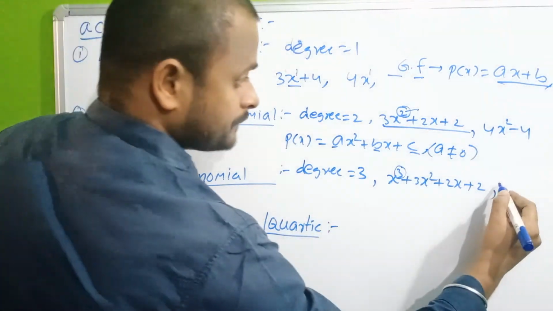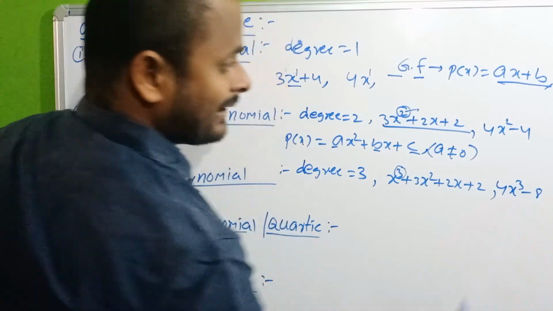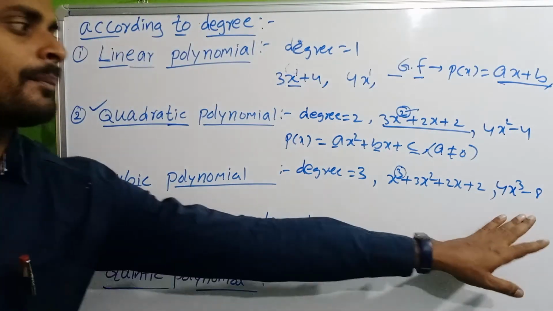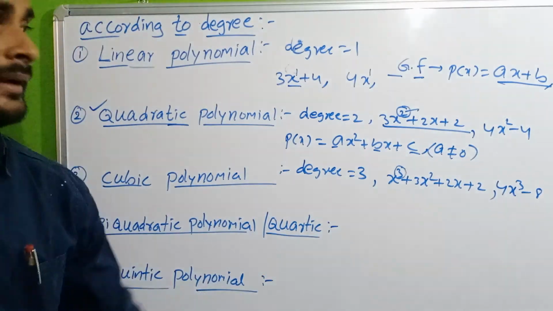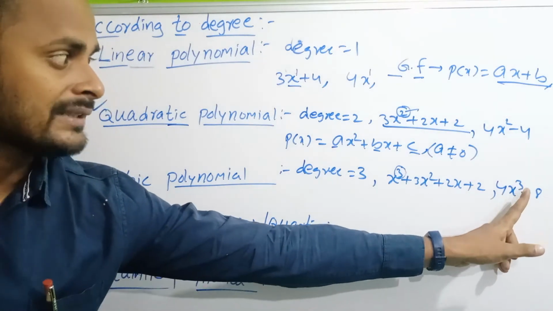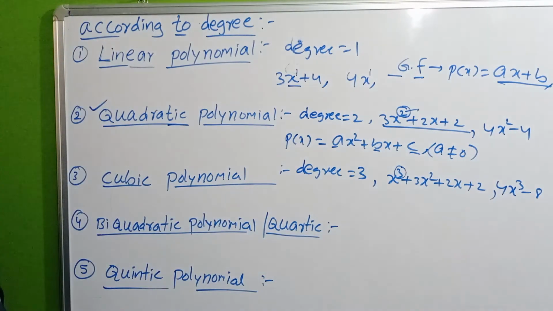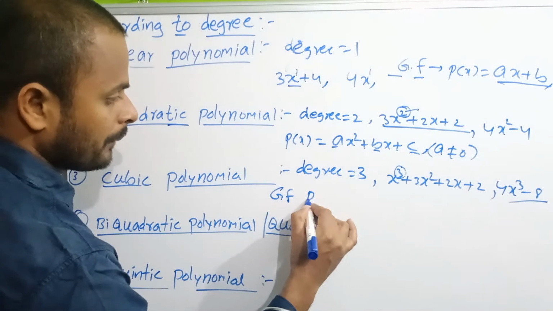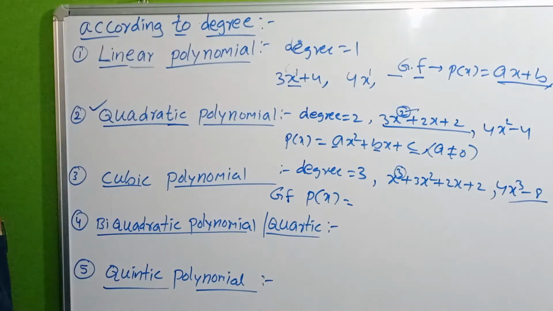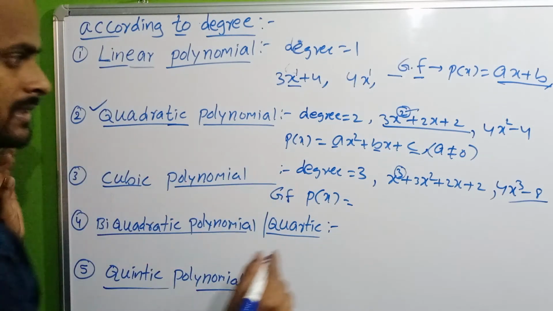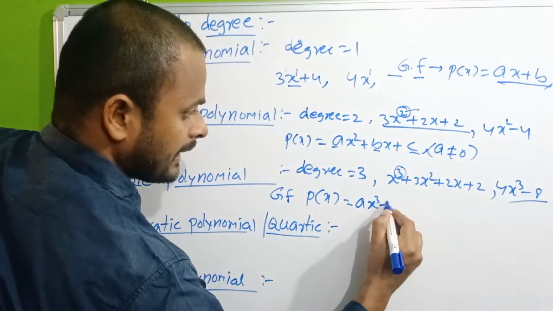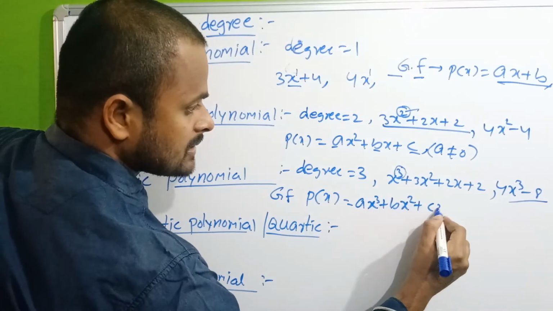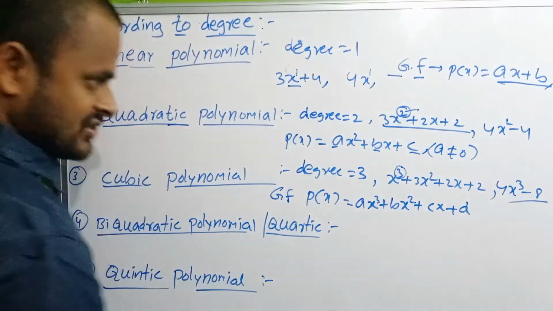Or another example, 4x cube minus 8. So this is a polynomial. What is the degree of the polynomial here? Highest power is 3. So 3 is the degree of the polynomial. So this is also an example of a cubic polynomial. And the general form of a cubic polynomial with respect to the variable x, p of x is equal to ax cube plus bx square plus cx plus d.